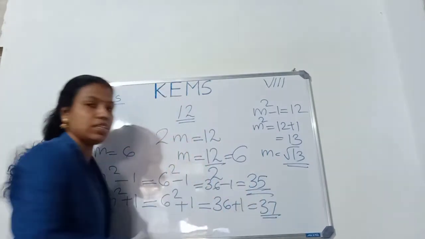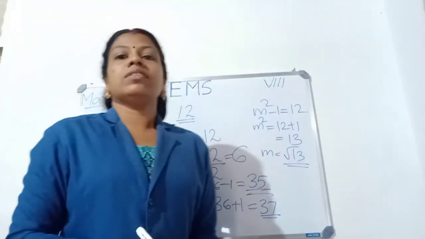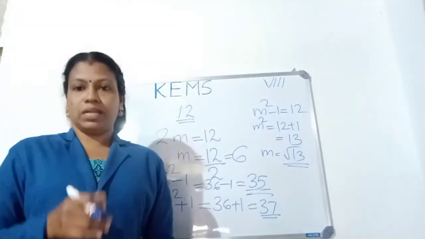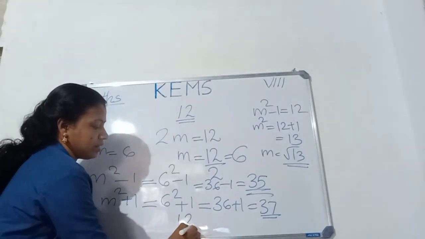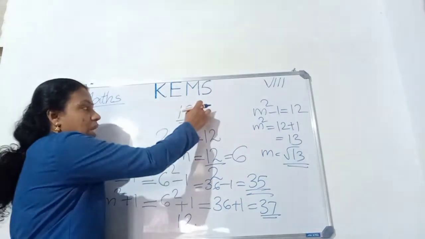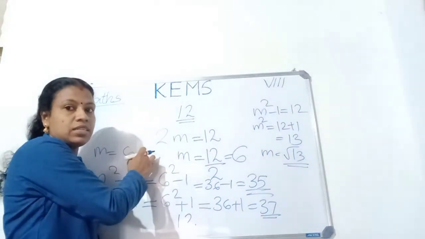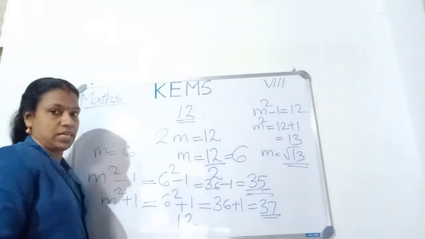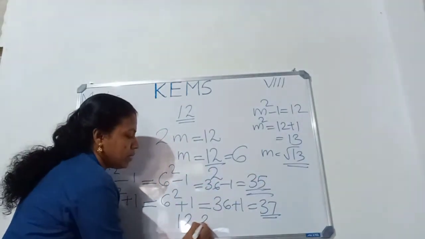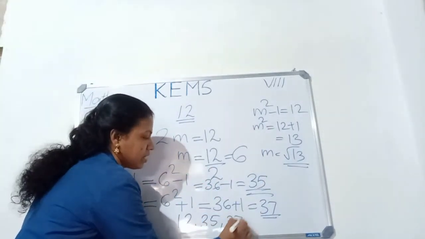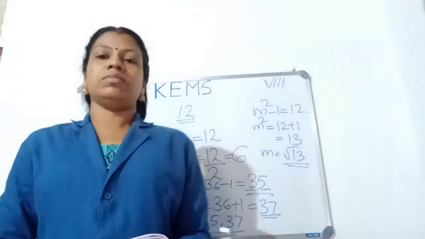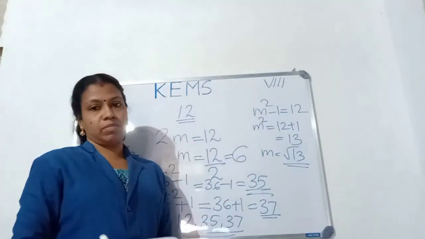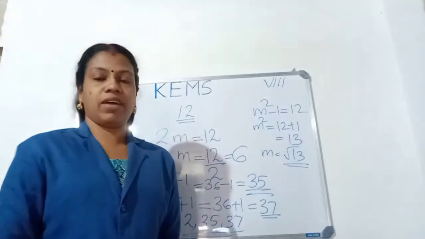So these three are the members of the triplet. First member 12. Using that 12, we found m equal to 6. Then the second and third members are 35 and 37. We use the general form to find the second and third number.